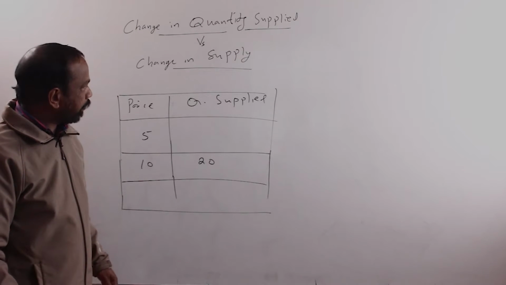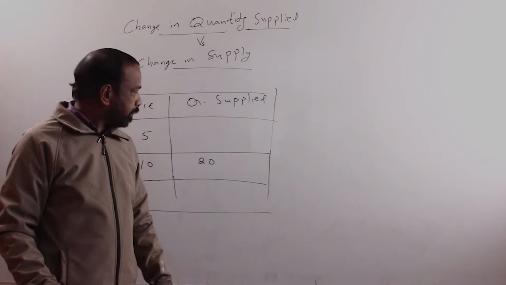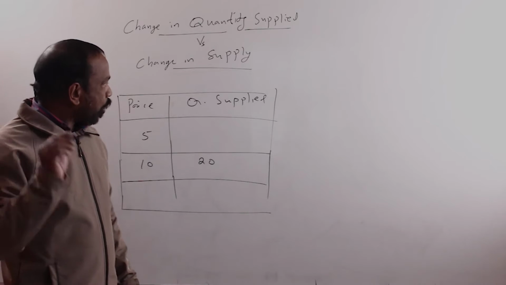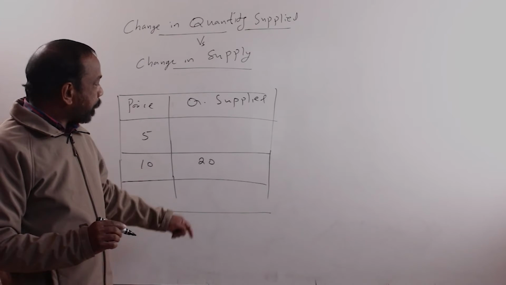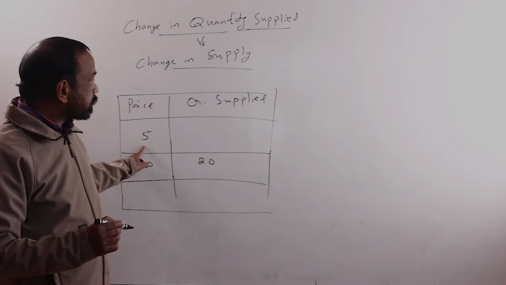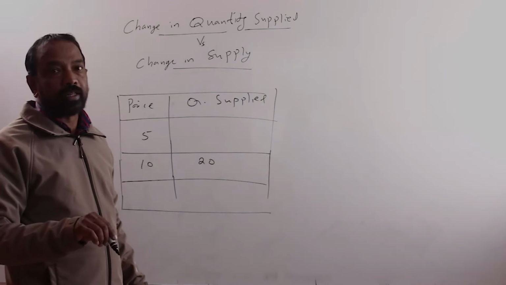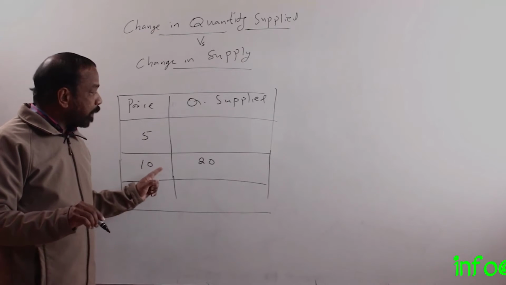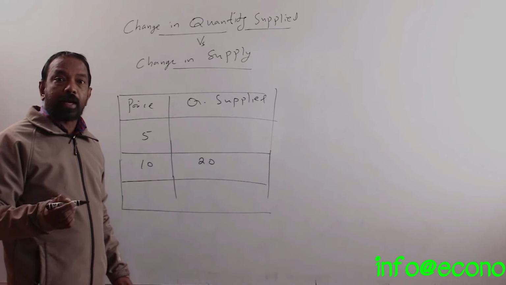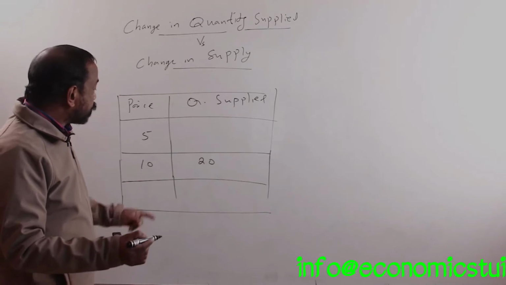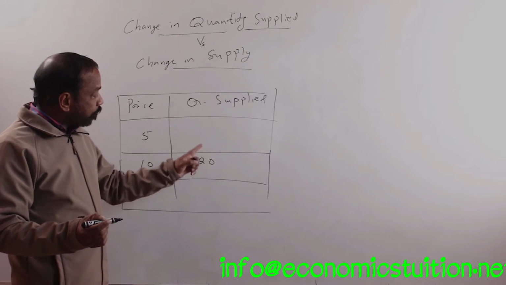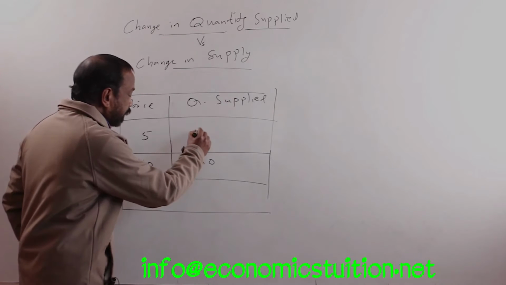What is going to happen to quantity supplied? According to the law of supply, when the price of a commodity falls, the quantity of that commodity supplied also falls. That means at a lower price we supply a lower quantity. So supply is going to fall from 20 to 15.